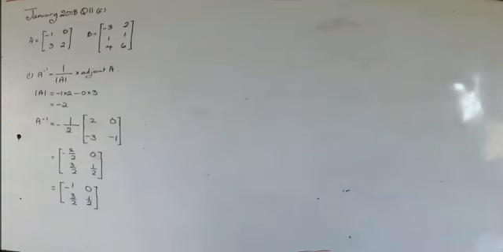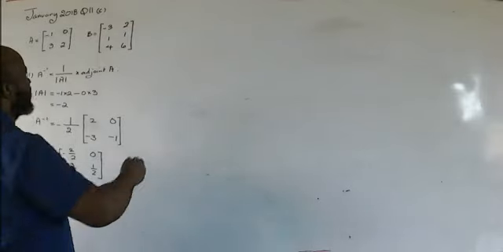Alright, show that A inverse times A is equal to I. We found A inverse. Now we're asked to show that A inverse times A is equal to I.